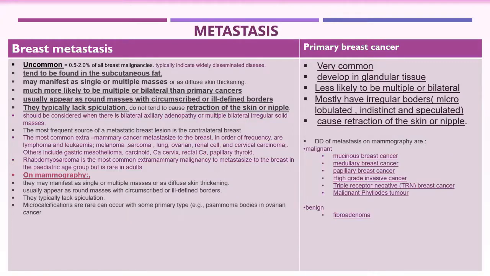Okay, so we have to be cautious. And usually the common cause of breast metastasis are from the same or contralateral primary mammary cancer, but it can be from extramammary cancer like lymphoma, leukemia, melanoma, ovarian, renal cells, and so on.